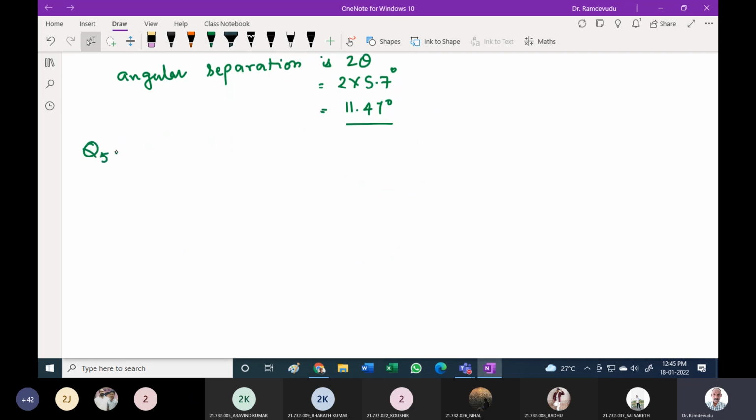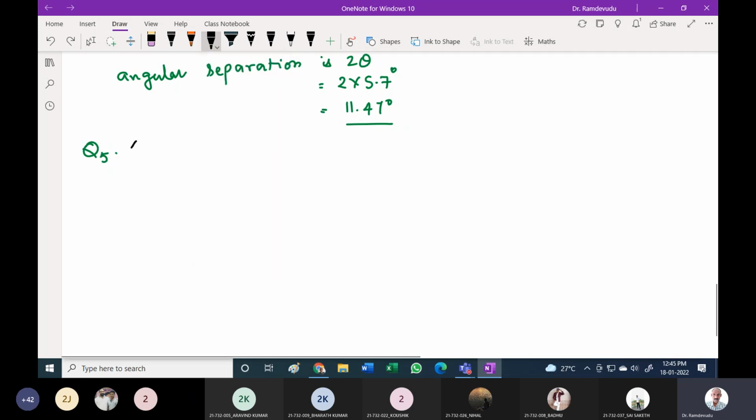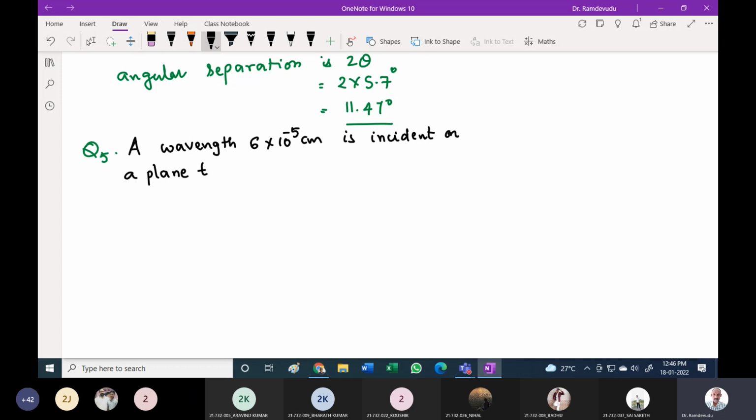The question is: a wavelength of 6 into 10 to the power minus 5 centimeters is incident on a plane transmission grating.